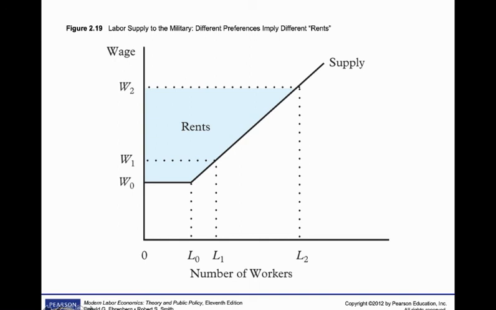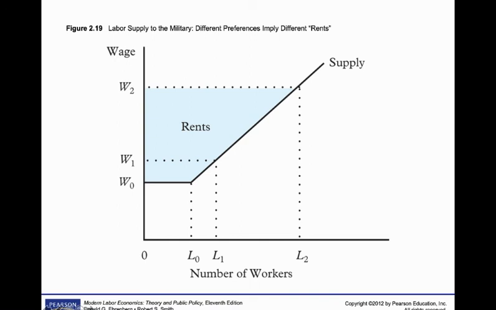Now let's say the military needs to hire a large number of people, and that's shown by L2. To hire L2, the military needs to pay W2 wage level. This higher wage is required to attract those who would have found a military career unattractive at the lower wage rate W1.